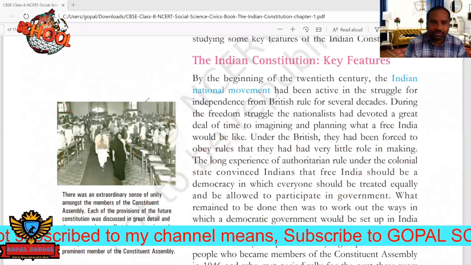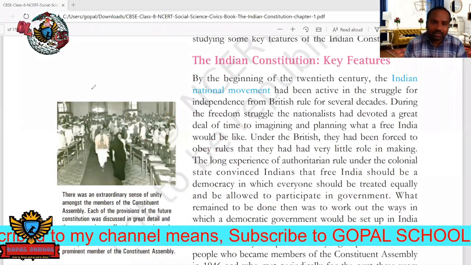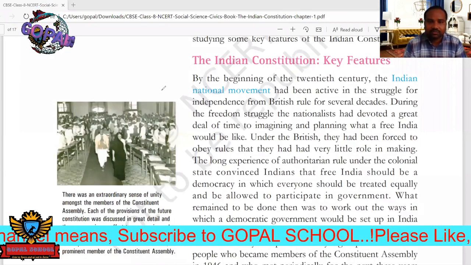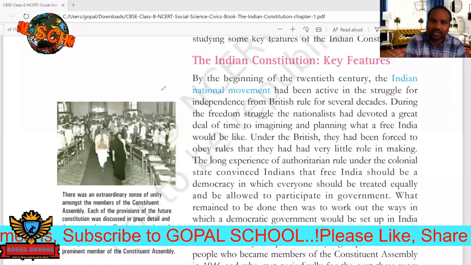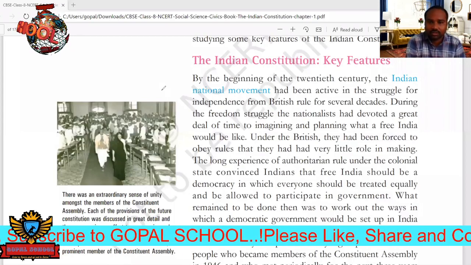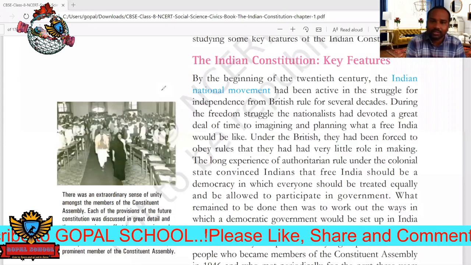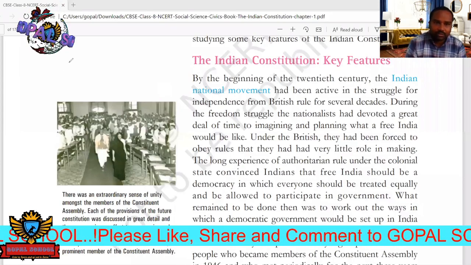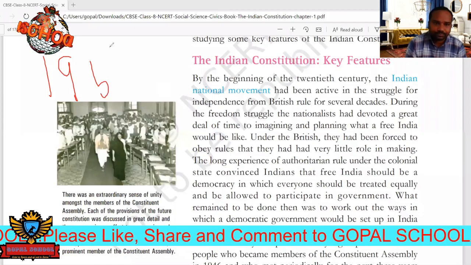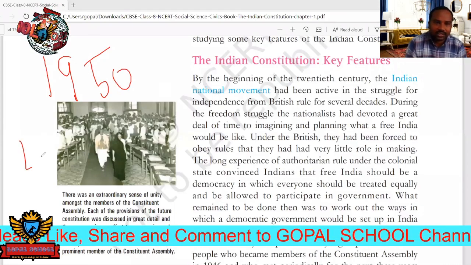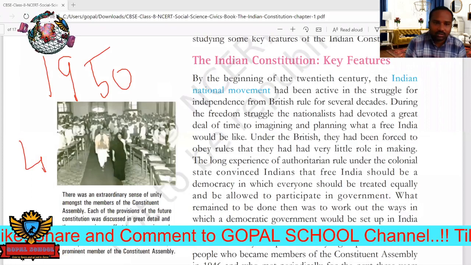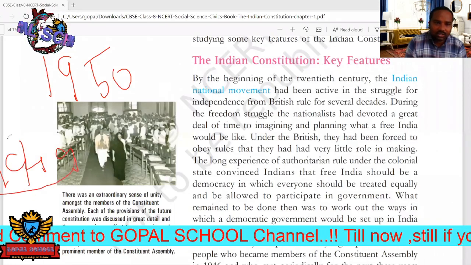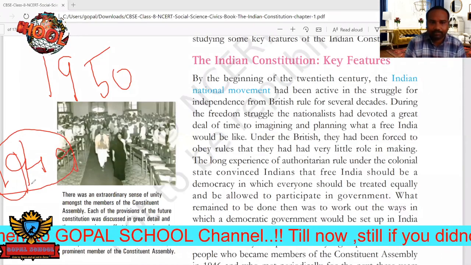Under the leadership of Ambedkar, they went to different parts of the country and read the constitutions of different countries, and finally they prepared our constitution. By the year 1949, the writing of the constitution was completed.